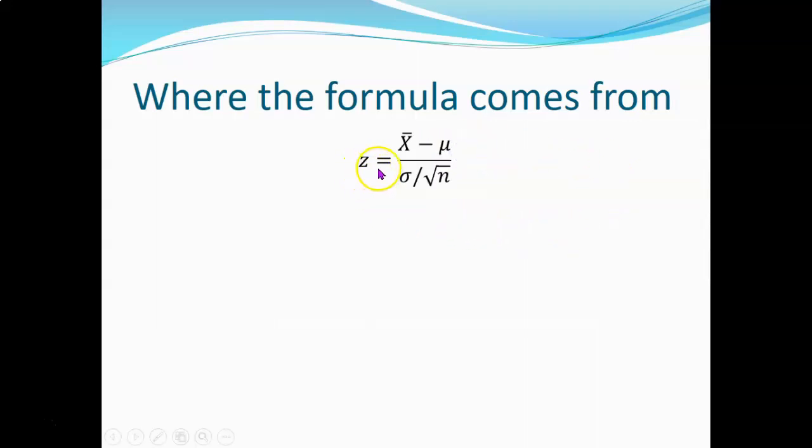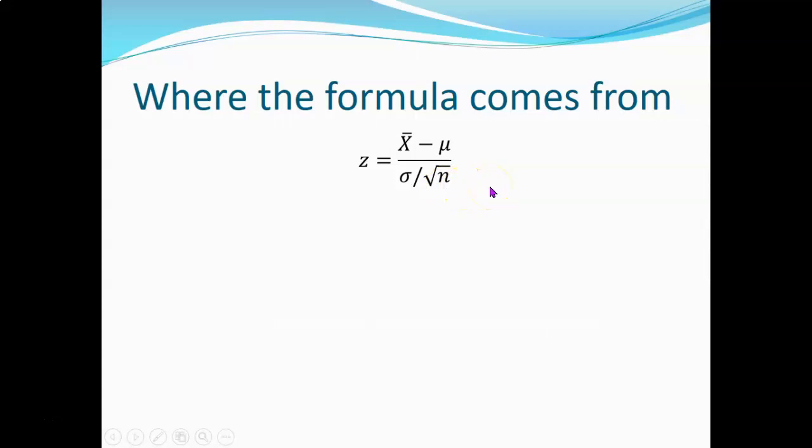It comes from this formula that we were using back in section 6.3 to calculate z-scores from sample means. We had z equals x bar minus mu over sigma divided by the square root of n.